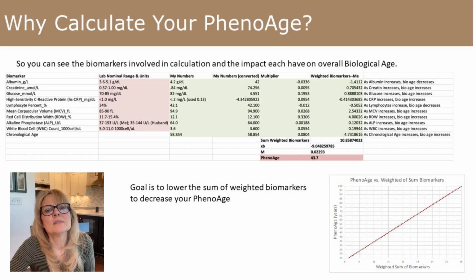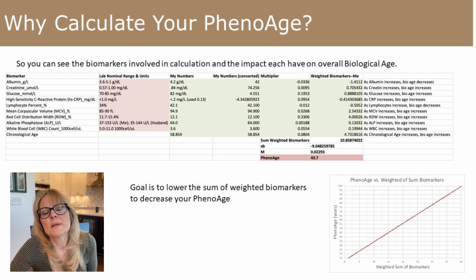So if you notice in this table, we went through all of this. We did the multiplier, we summed your weighted biomarkers, and we got your number, and you could either pick it off the plot or continue to calculate your biological age, or your PhenoAge. And we talked about how linear it is with the sum of the weighted biomarkers.